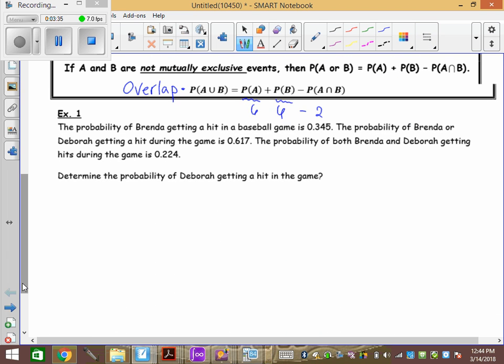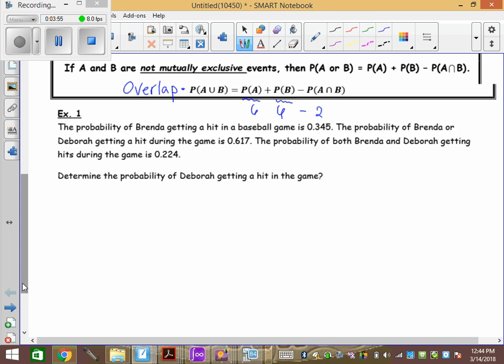The probability of Brenda getting a hit in baseball is 0.345. So every time she goes up there, she has a 34.5% chance of hitting the ball. And you might be like, well, that's really crappy. Yeah, but most of the time in baseball, if you can get to a 0.5 average, you're doing pretty awesome. That's every 1 in 2. That's major leagues, very rare.